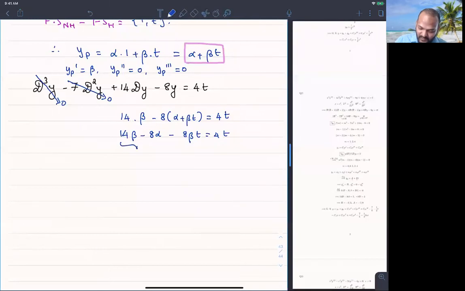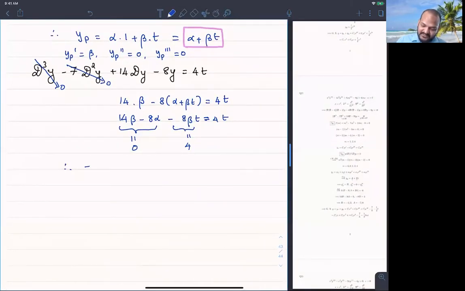And so for this equation to be satisfied, this must be equal to 0 and this must be equal to 4. I should say better that this whole thing must be equal to 4. And so minus 8 beta is equal to 4 tells me that beta must be negative 1/2.